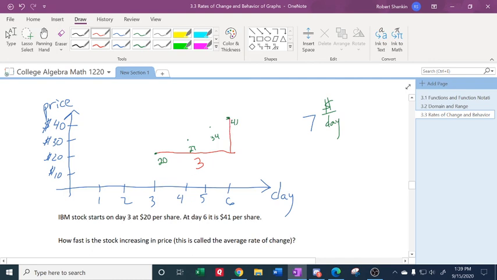All right. From day 3 to day 6 is 3 days. From a price of $20 to a price of $41 is $21. This is what we're going to call the run. This is what we're going to call the rise.